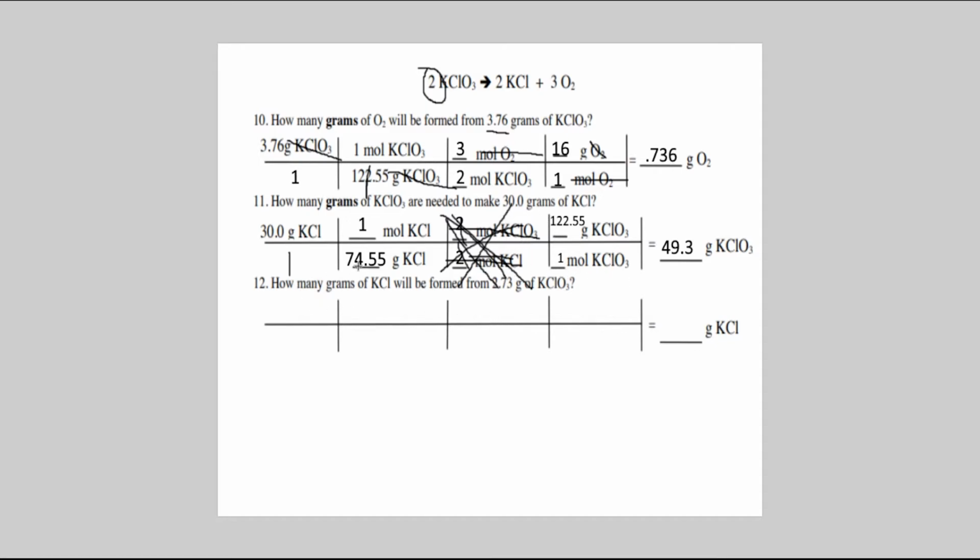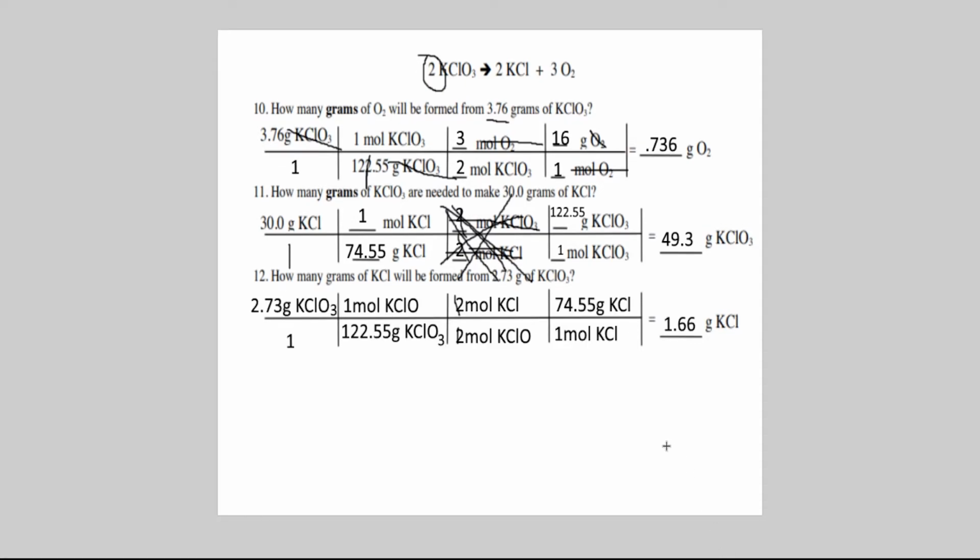And now, like before, I want you to try to solve this bottom one by yourself. Okay, so now that you've done this problem, it's time to go over it. So, the answer is 1.66 grams.